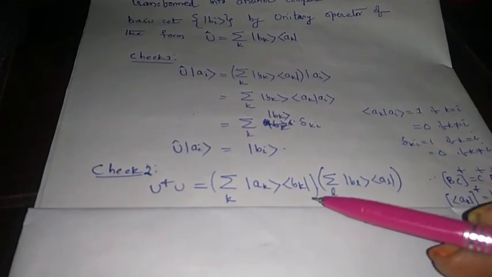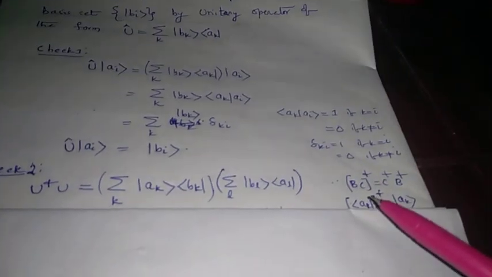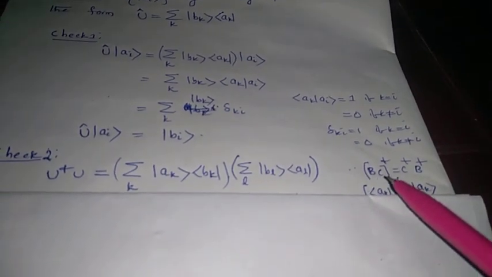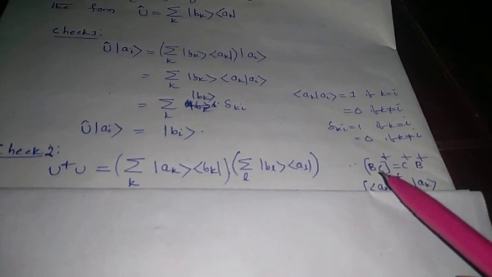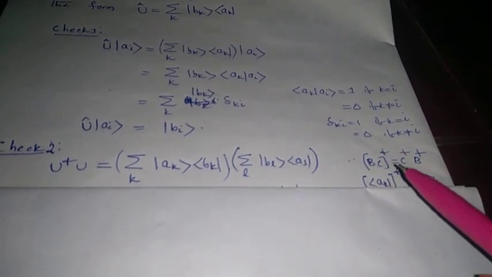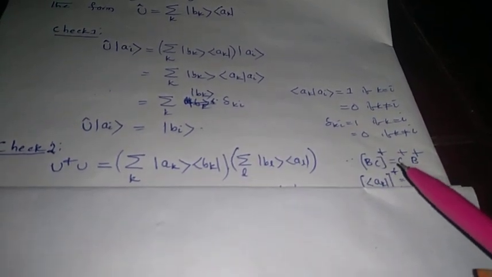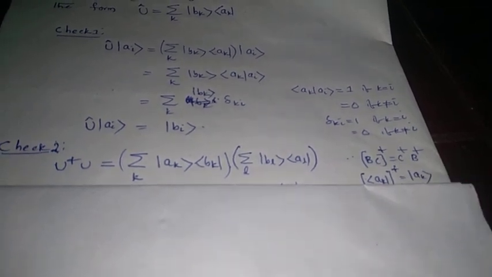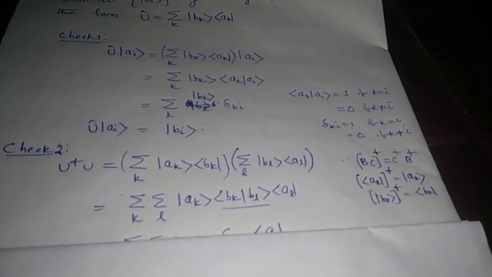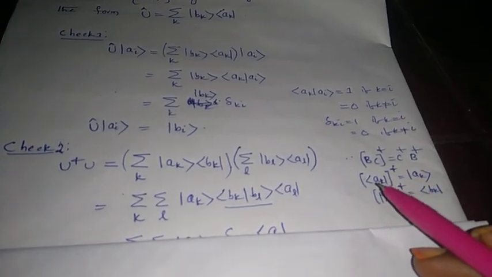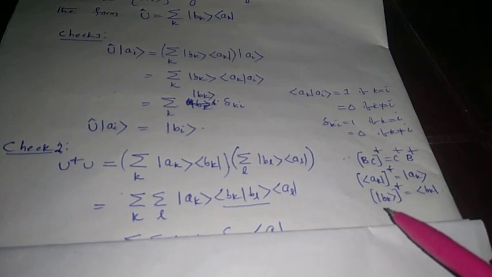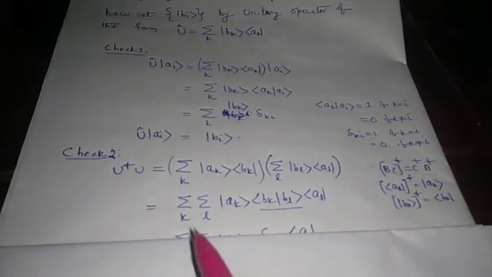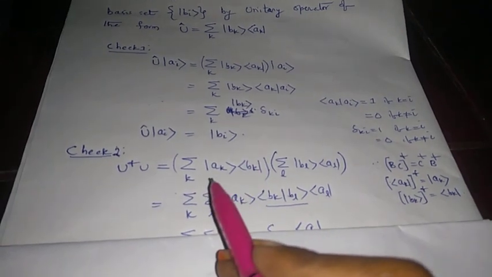If you take its dagger, by the property of matrices B and C, if you have their product BC and dagger is taken on top of them, then we take the daggers in a reverse way, C dagger and B dagger. And the dagger of a bra vector is its ket, and the dagger of a ket is its bra. So we should be getting this for U dagger.